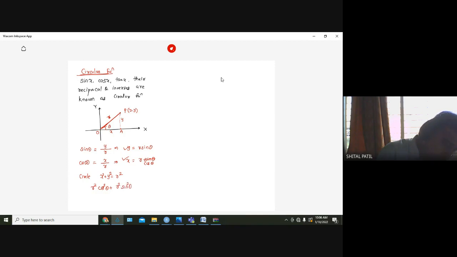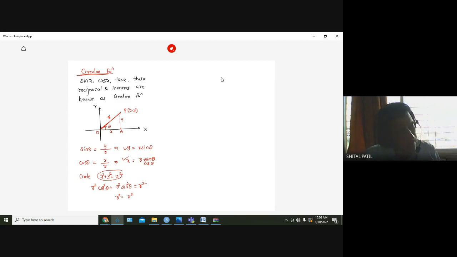And we know that sin square theta plus cos square theta equal to 1. So we'll get r square equal to r square. So this is the equation of circle, and it's satisfied by sin theta and cos theta, that is sin x and cos x in other words. Therefore, they are known as circular functions. We know all these things very well.